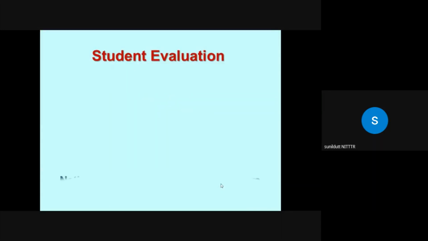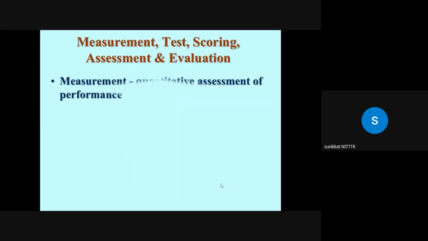So student evaluation. Now, firstly, measurement. Measurement, from the title itself, it is clear. It provides you the quantitative aspect of a person's personality or performance. For example, I say Ramesh got 65 out of 100 correct mathematics problems.